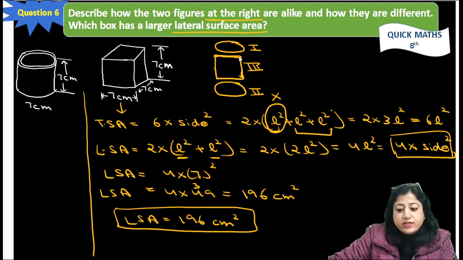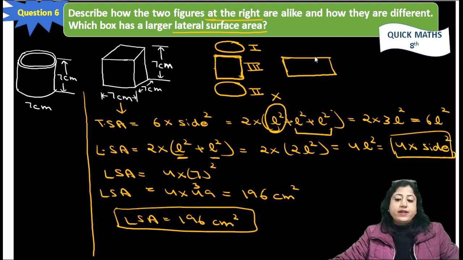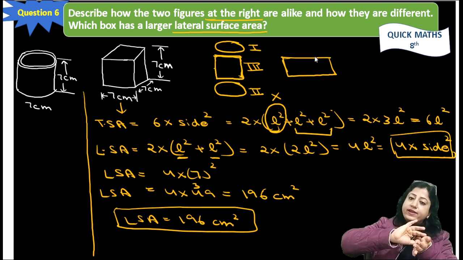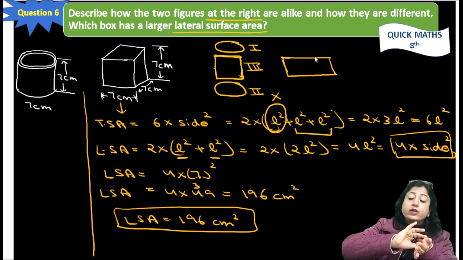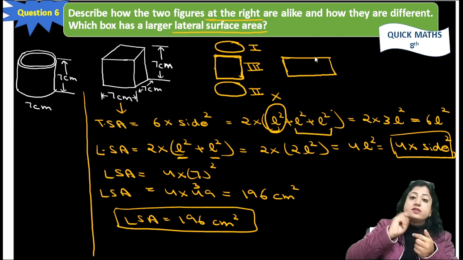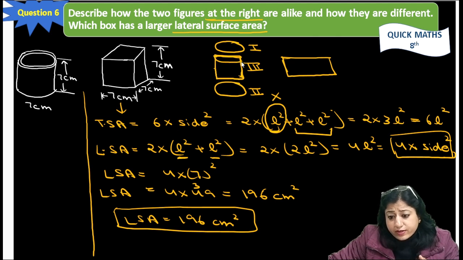If we open this rectangle and fold it, it will become a circular part, meaning circumference. So this is the circumference, and this is the height.